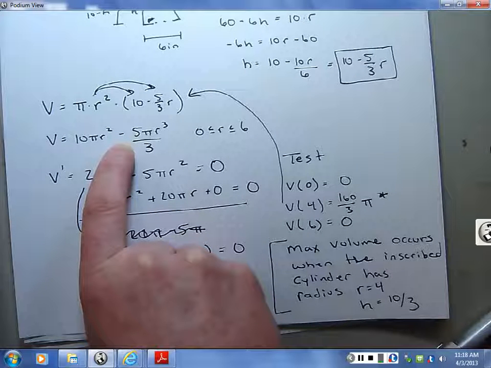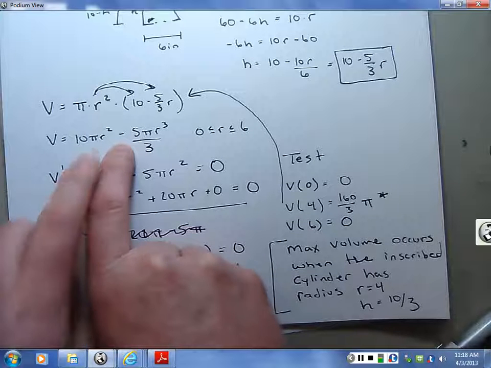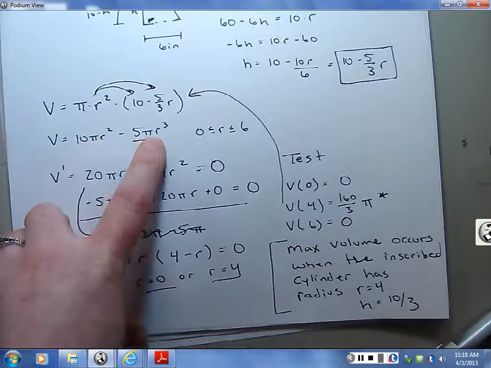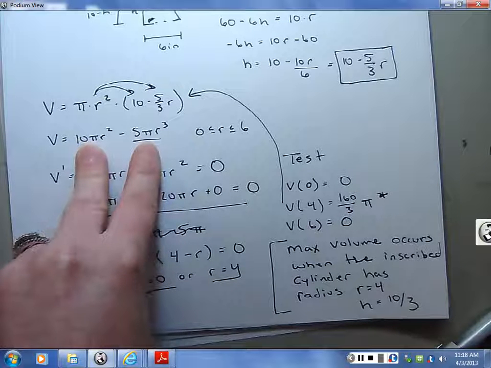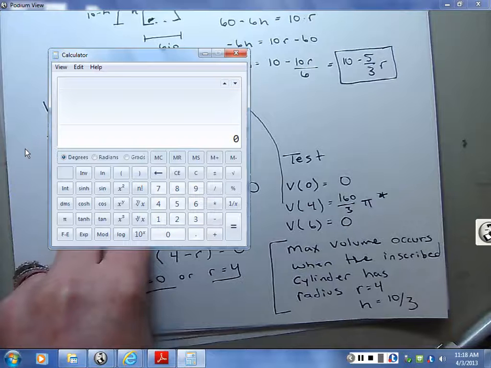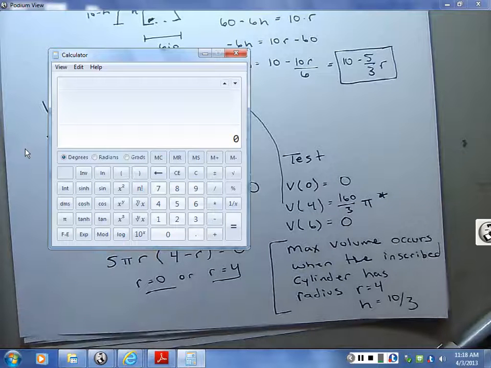So what would I get here? I would have 16 times 10. What would I have? Calculator. If I plug in 4, I have 10 times 3.14. Well, let's leave out the pi.